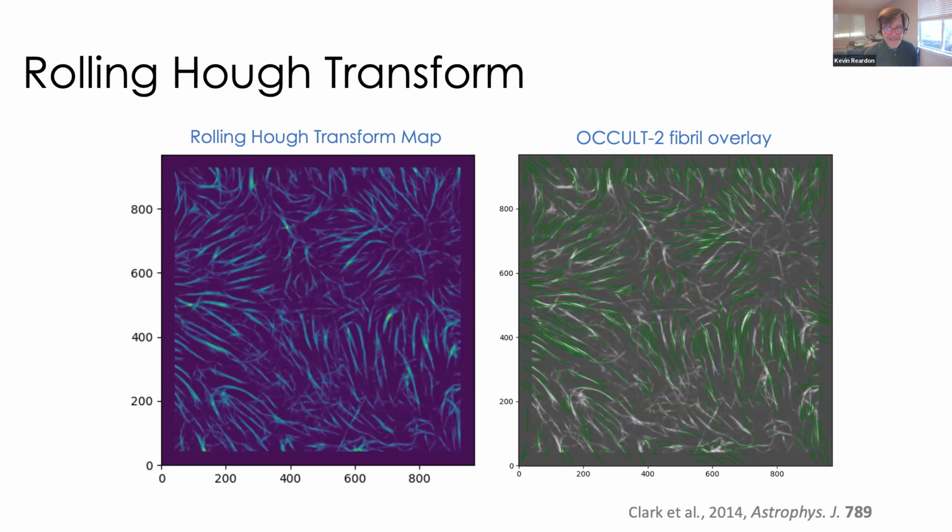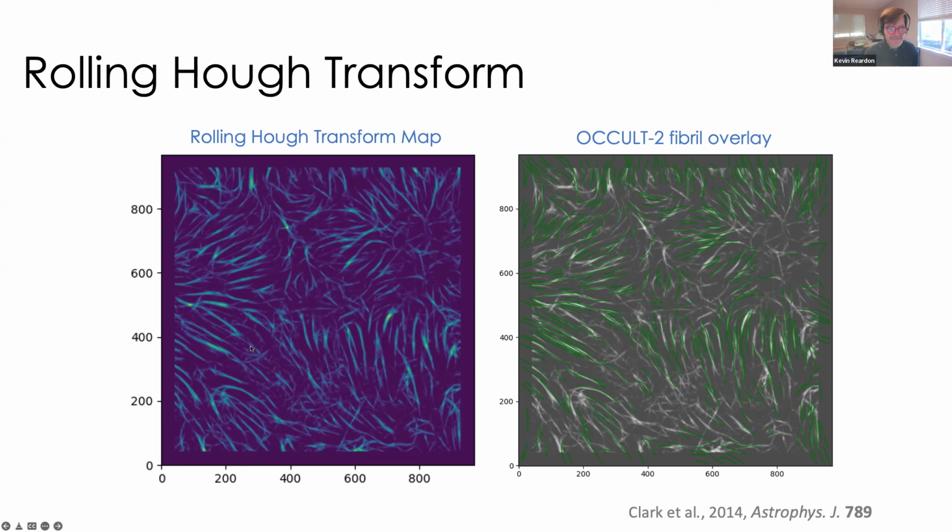One that's starting to be used now is what's called the rolling Hough transform. The Hough transform is an edge detection method. The rolling Hough transform tries to use that to identify these extended curvilinear features.